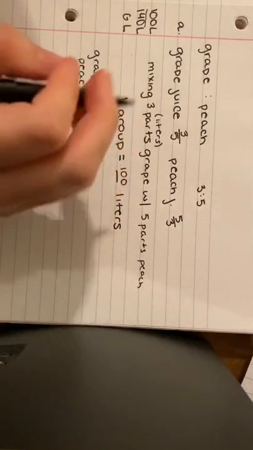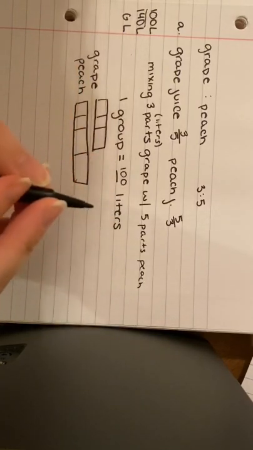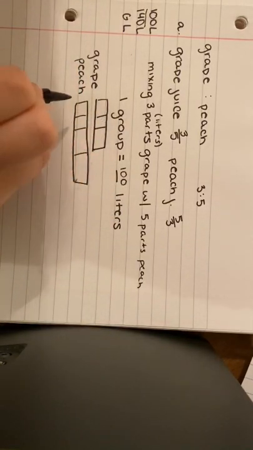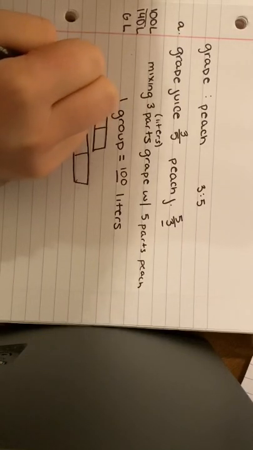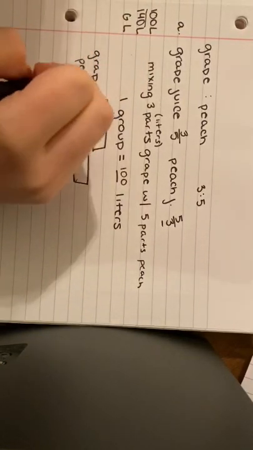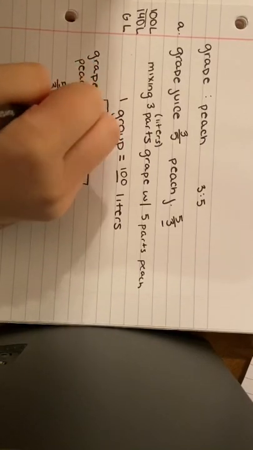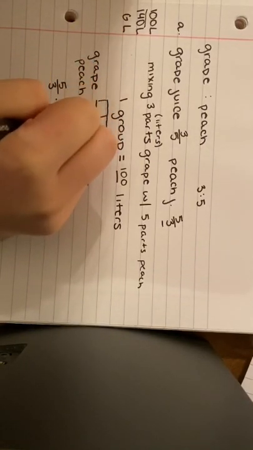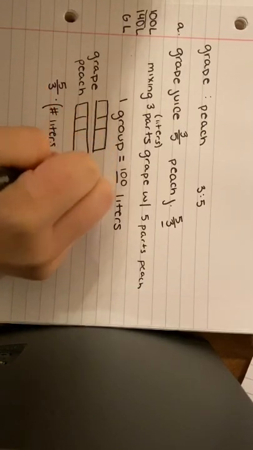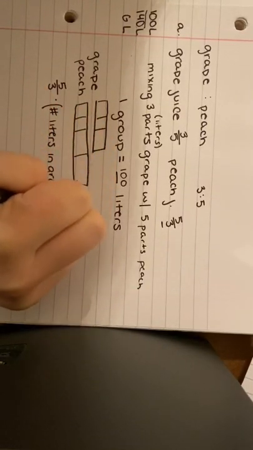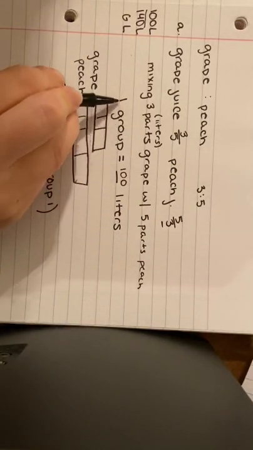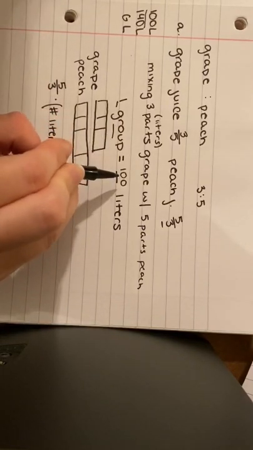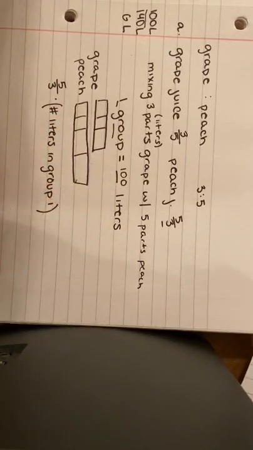So then all you have to do is take the amount that you're looking for, which in this case is peach. So we'll take this fraction right here, 5/3, and multiply that by the number of liters in group 1, which we know is going to be 100 liters.